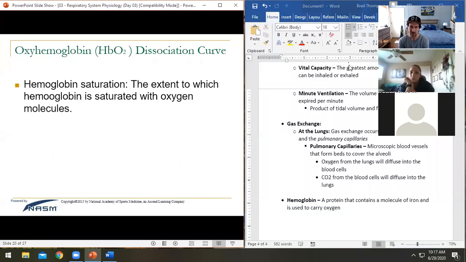But what's interesting about it is it's not very easy at first. When there's a high concentration of carbon dioxide on a red blood cell and there's no oxygen, what we want to have happen is we want the CO2 to leave and the O2 to join up, right? But that first oxygen molecule has a hard time attaching to that protein.